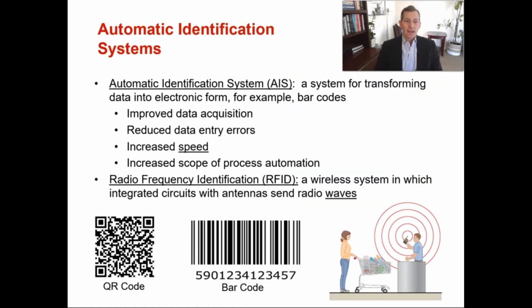Next is automated identification systems. These help us to transform data into an electronic form. So for example, barcodes. They help to improve data acquisition, reduce data entry errors, increase speed. So if you think about just a barcode and how much we take barcodes for granted these days.